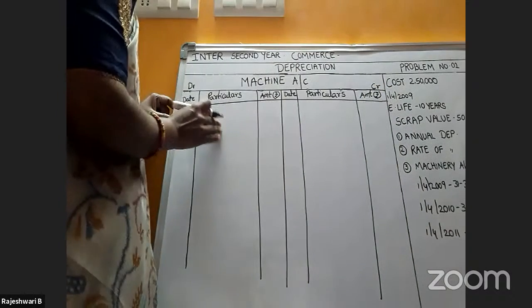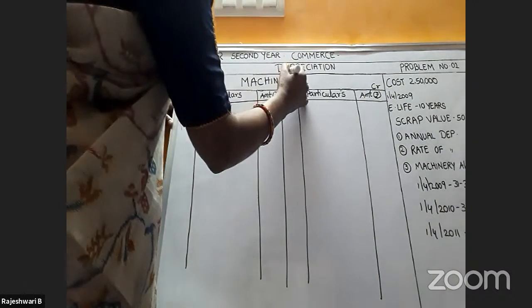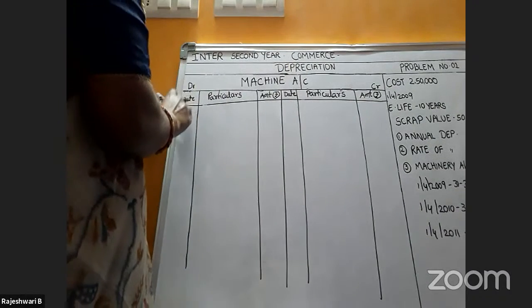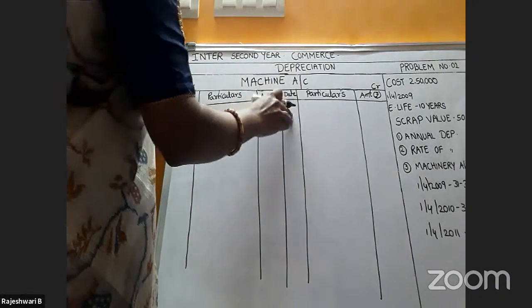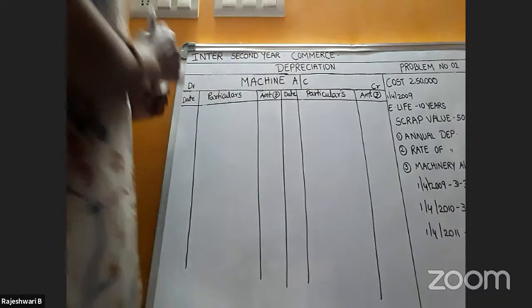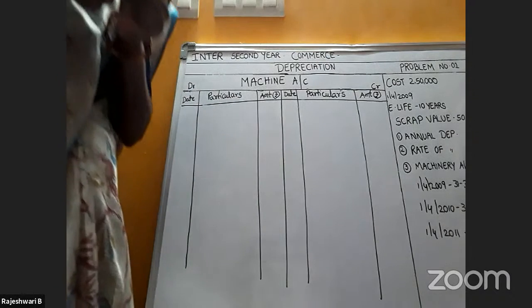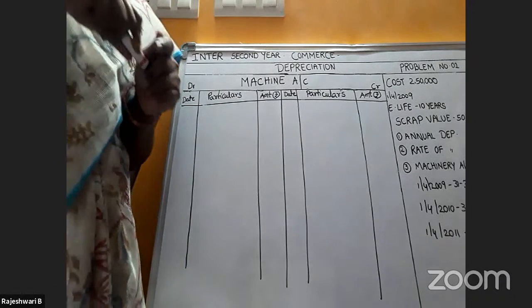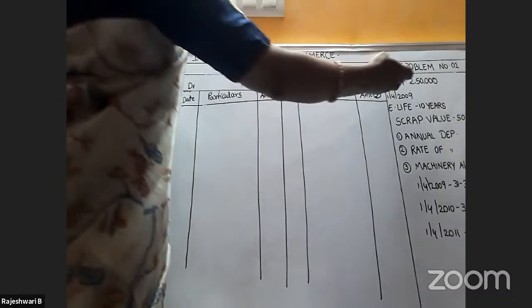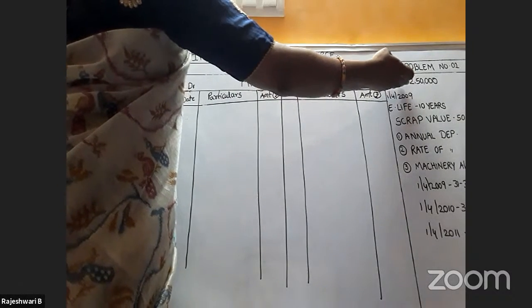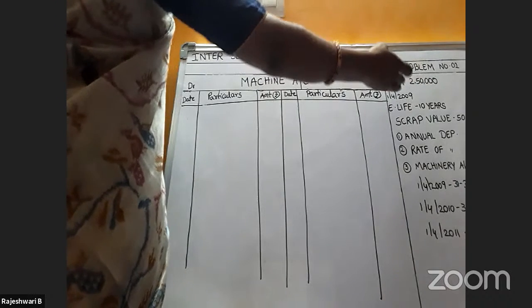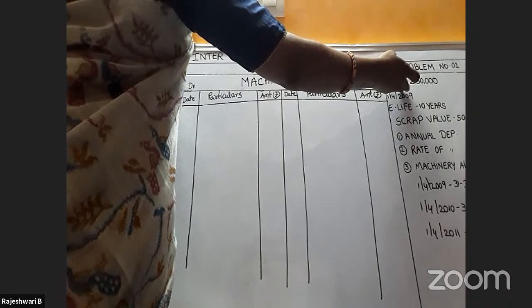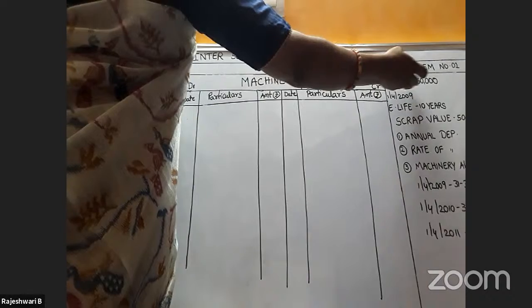This is the first problem in your textbook. Date, particulars, amount, date, particulars, amount. What they have given in the question is machine cost is 2,50,000. They have purchased from X on cash basis only.